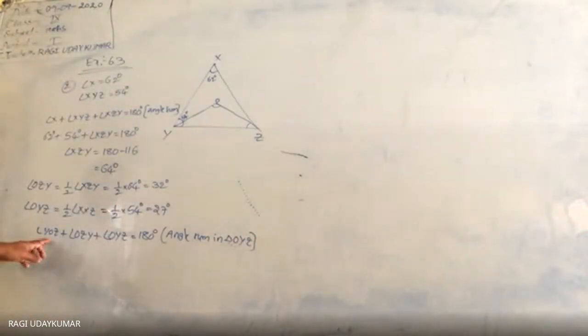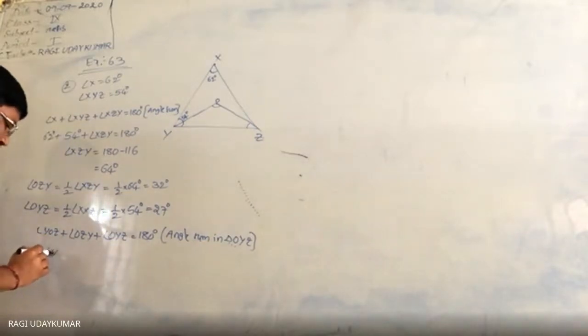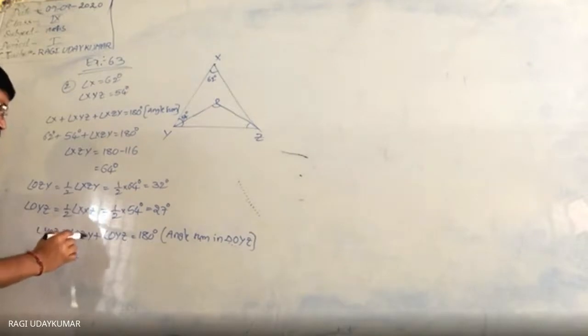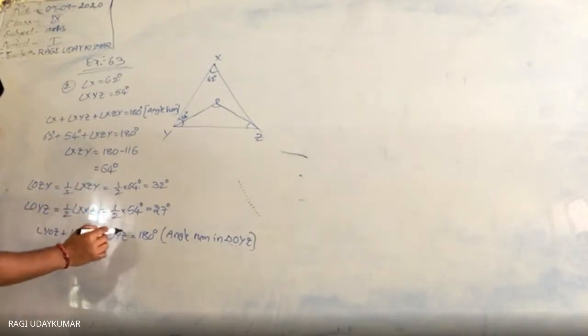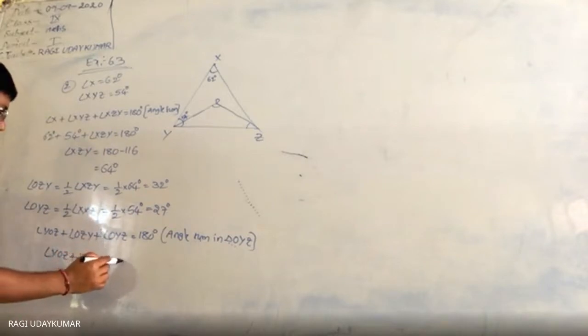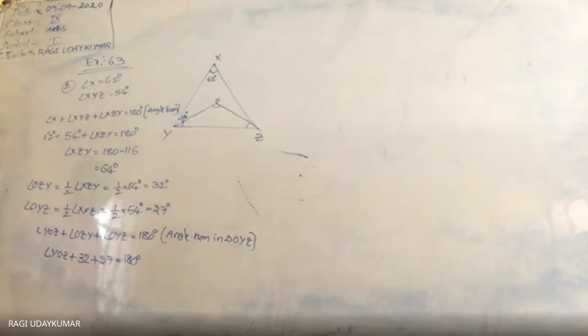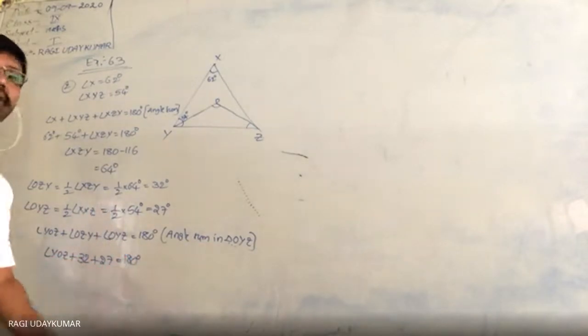So YOZ we need to find out. Keep YOZ as it is, plus OZY, which is 32 degrees, plus OYZ, which is 27 degrees, equals 180 degrees. I think you can do it from here. Add these two and subtract from 180.